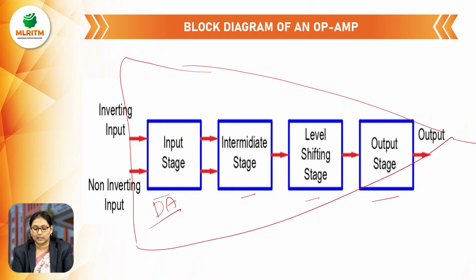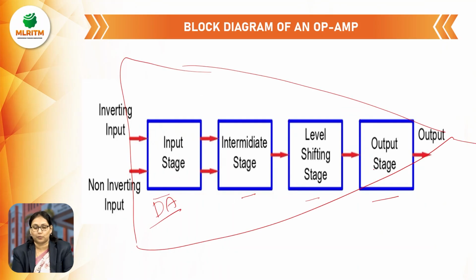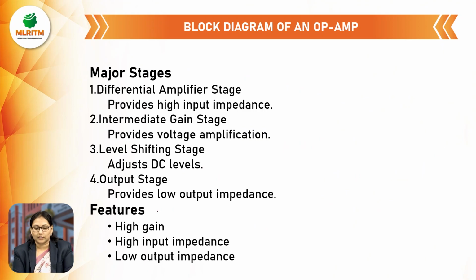The third one is the level shifting stage, which adjusts the DC level of the signal. Coming to the fourth stage, it is the output stage, which provides low output impedance. These are the major stages of an operational amplifier block diagram.